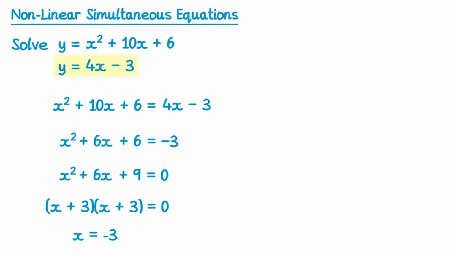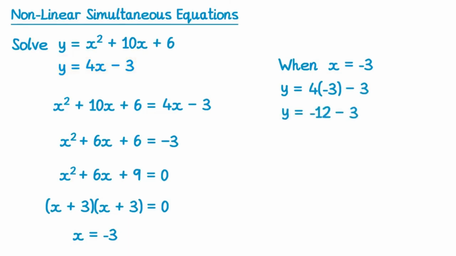So we would say when x equals negative 3, y is going to equal 4 lots of x take away 3, so y will equal 4 lots of negative 3 take away 3. 4 lots of negative 3 is negative 12, and then take away 3, and that gives you negative 15. So we end up with one solution to these simultaneous equations. It's when x equals negative 3 and y equals negative 15.